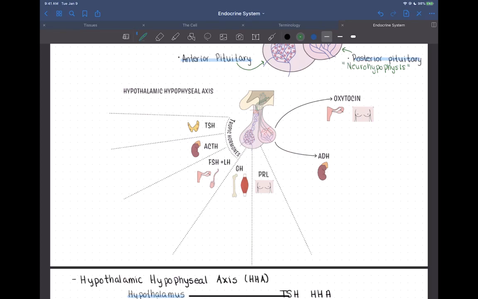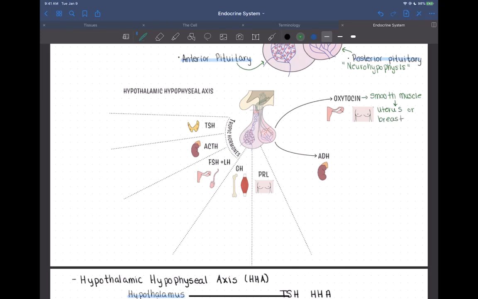The first one is oxytocin, okay? And so oxytocin targets its target cell, so you should know the target cells for these hormones. Its target is going to be smooth muscle. Okay, and that's usually what I think of so I can remember its function, because it's going to be smooth muscle in either the uterus or in breast tissue.